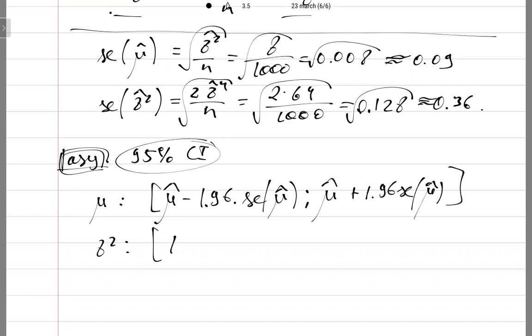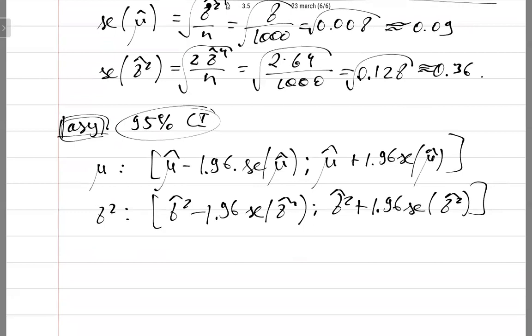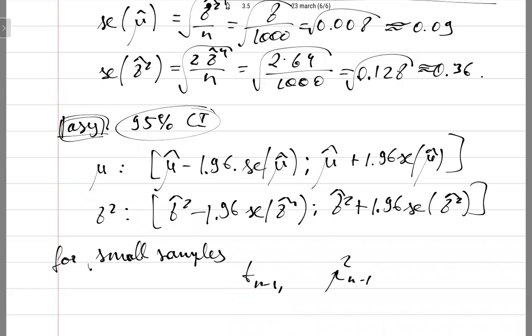And the same for sigma squared. So if we like to work with big samples, then it's very easy. It's a very good approximation for big samples, but a poor approximation for small samples. For small samples, you will need the t-distribution. In that case, you will need to change the structure, the formula, and work with the t-squared distribution, with n minus 1.